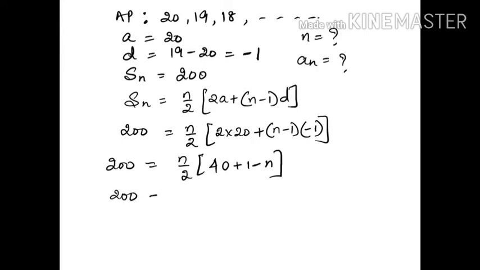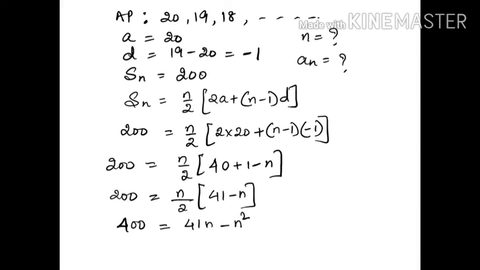So 200 is equal to n upon 2 in bracket 41 minus n. That is 400 equal to, multiply n with the bracket, we get 41n minus n square.